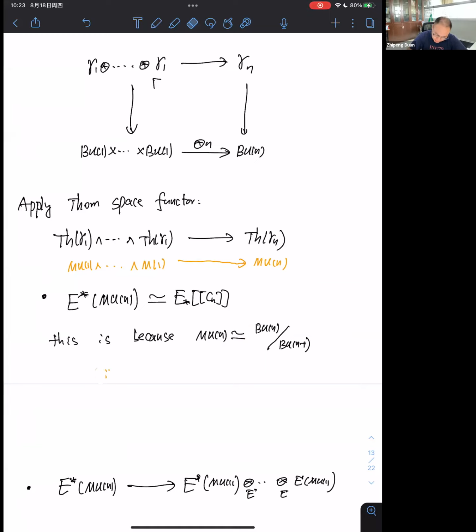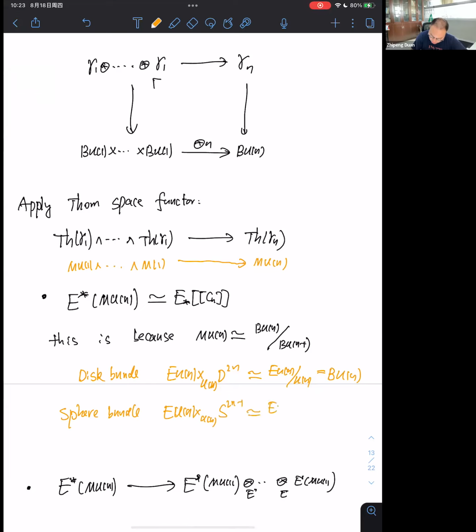What is the disk bundle here? Here the disk bundle has total space EUn cross Un on D2n. This is homotopy equivalent to EUn quotient Un, and this is a model of BUn. As for the sphere bundle, this is just EUn cross Un of S2n-1.